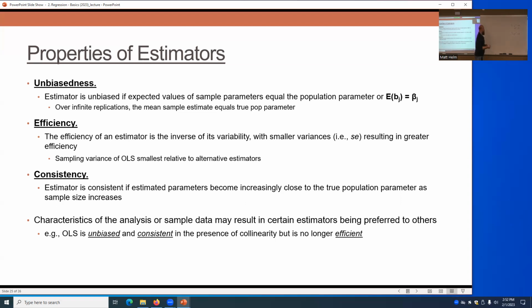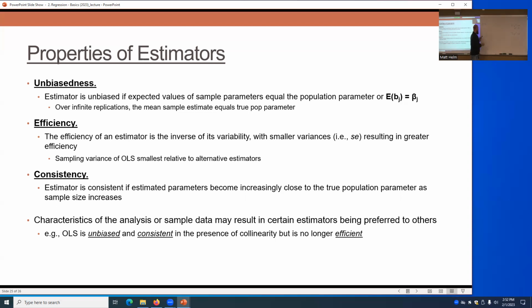So again, let's say I'm looking at the relation of weight and height, and I've got a couple of different ways to calculate that correlation. Say I've got a sample size of 100. I go through, get random samples of 100, and estimate the association between weight and height. That association has some population value we don't know.